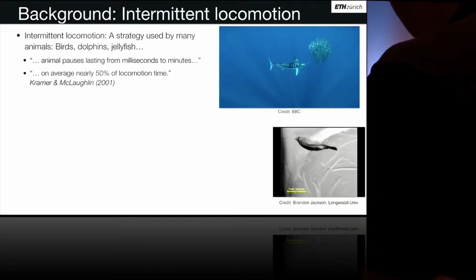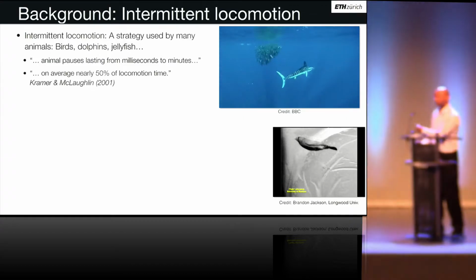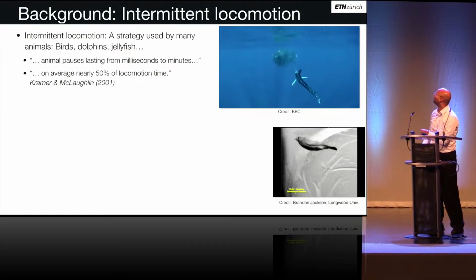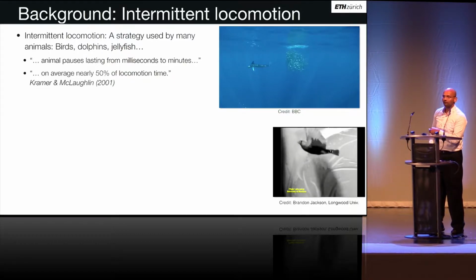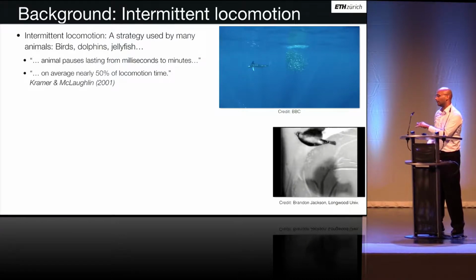And you'll notice that it moves in a quick burst and then glides for a few seconds. So in this case, it's mainly for directional control, but this happens even in birds. Here's a bird flapping its wings, and then it'll fold them in, fly on a ballistic trajectory for a few seconds, and then flap again.